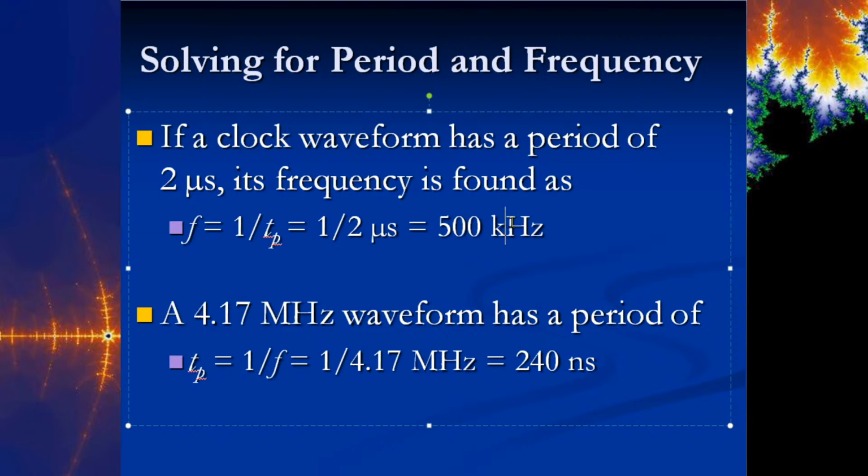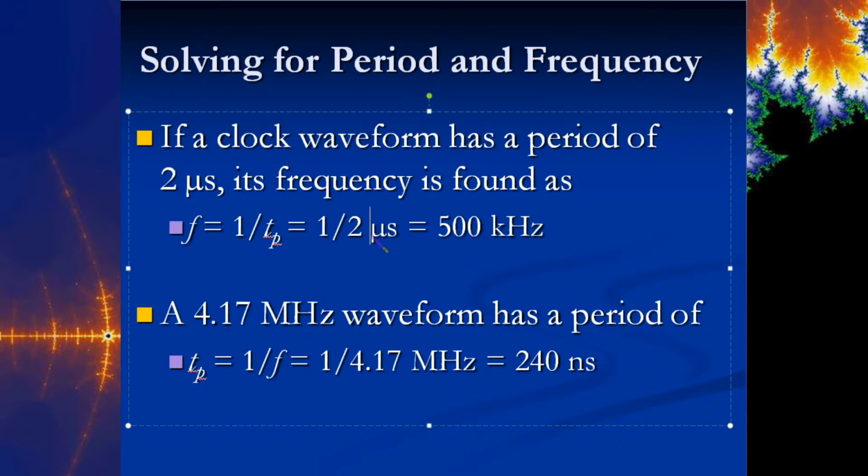K in front here means times 10 to the 3rd. Mu, or U, out in front here means 10 to the -6th. So this is 2 times 10 to the -6 seconds, or 0.000002 seconds. The reason why we use these Greek prefixes is because I don't have to say 0.000002.